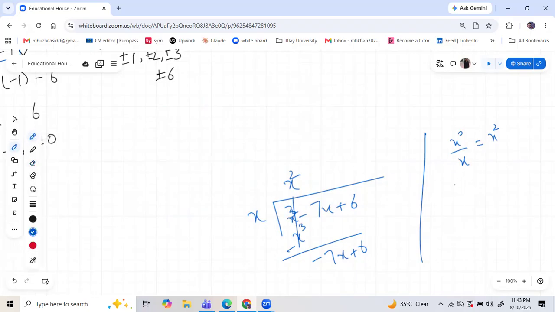So this is 7x divided by 7x, divided by x. So our next term is what?